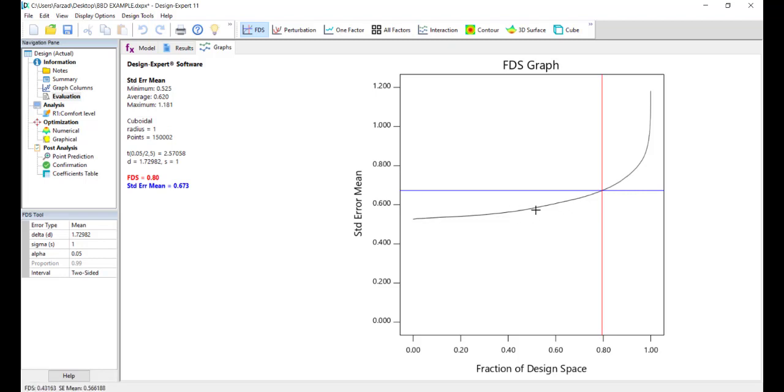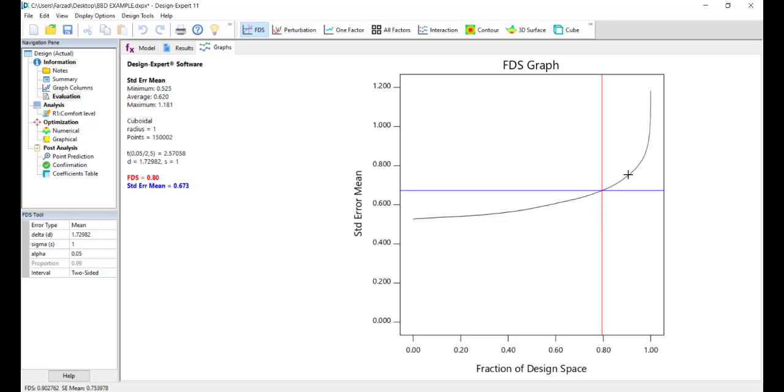The more flattened it is, the lower the standard error for more of the design space. Up to here it is flattened, and here the standard error mean increases significantly.